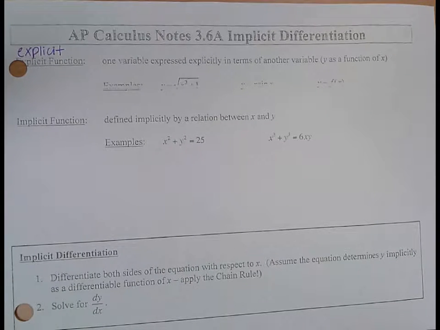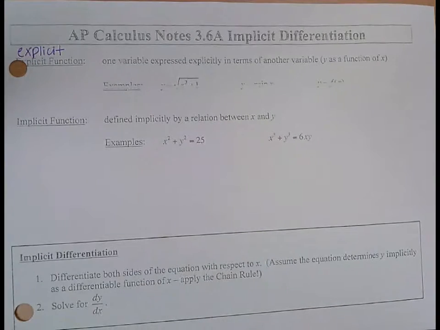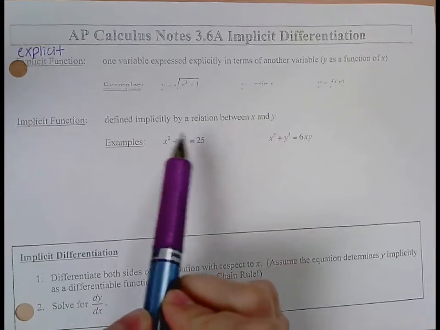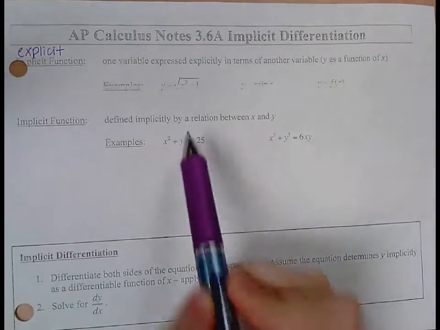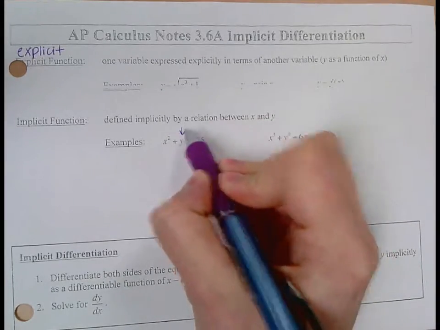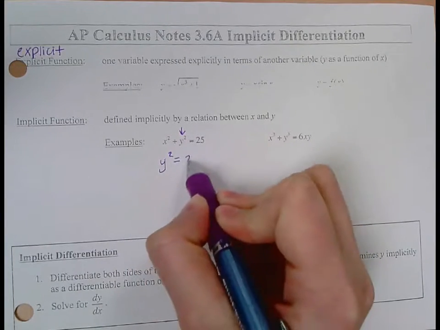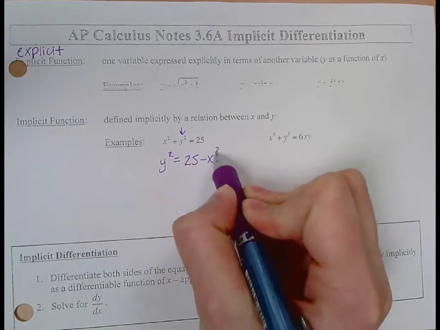So what I wanted to show you is sometimes you might be given an implicit function and you can write it as an explicit function or more than one explicit function. So if you look at x squared plus y squared equals 25, we could solve this for y. If I wanted to solve for y, I would subtract x squared. So y squared would equal 25 minus x squared.